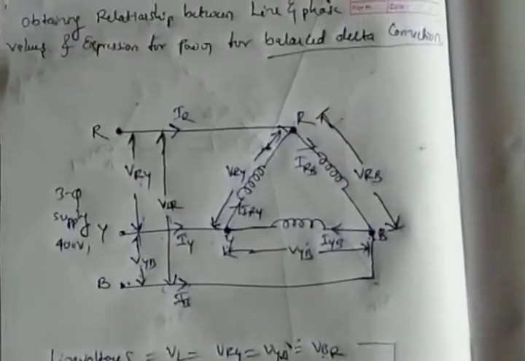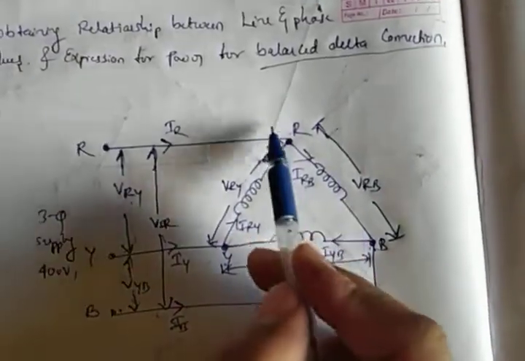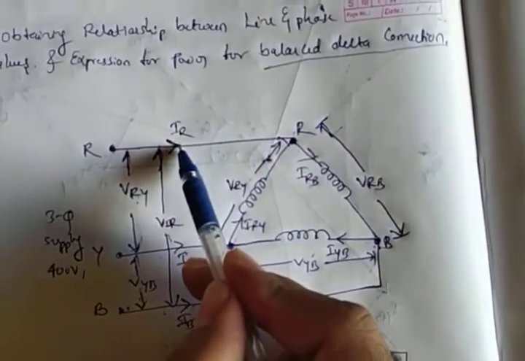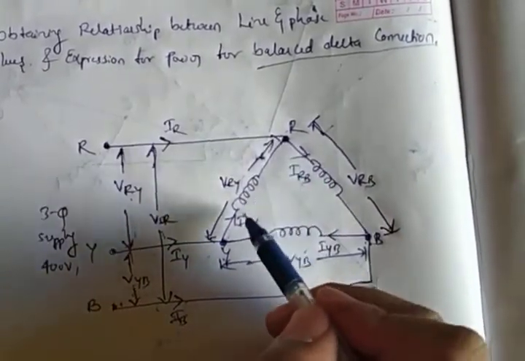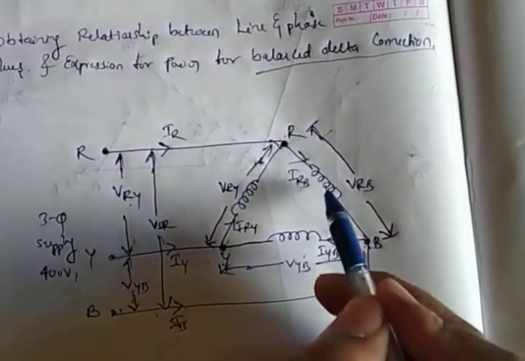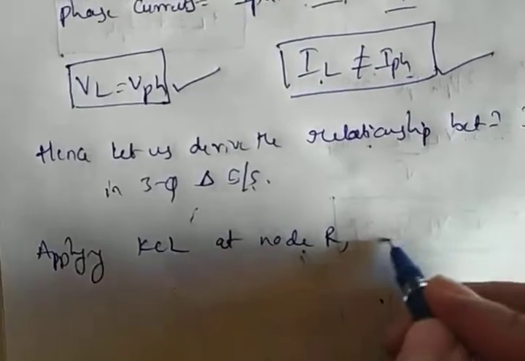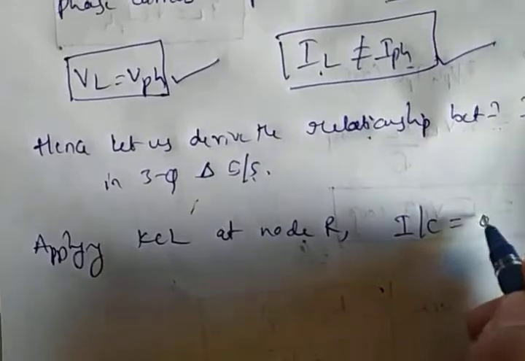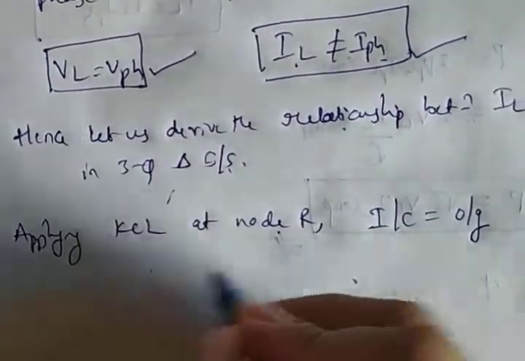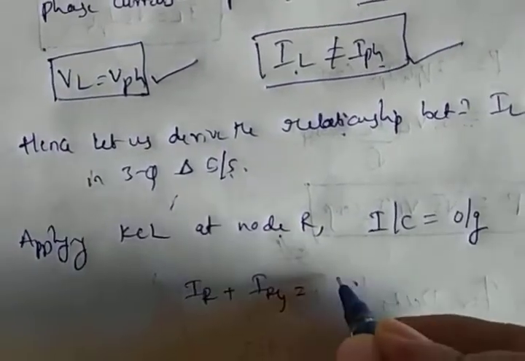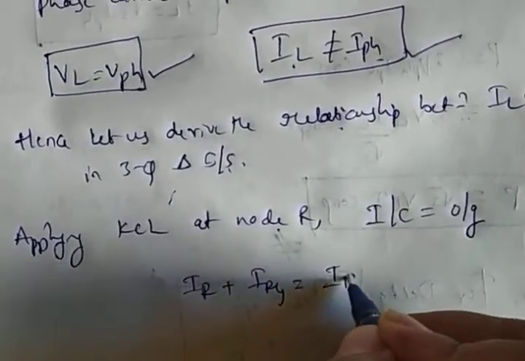Let us apply KCL at nodes R, Y and B. At node R, incoming currents are equal to outgoing currents. Incoming currents are IR and IRY, and IRB is outgoing. So applying KCL at node R, IR plus IRY is equal to IBR.